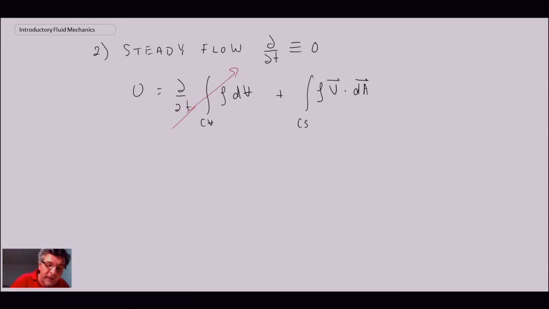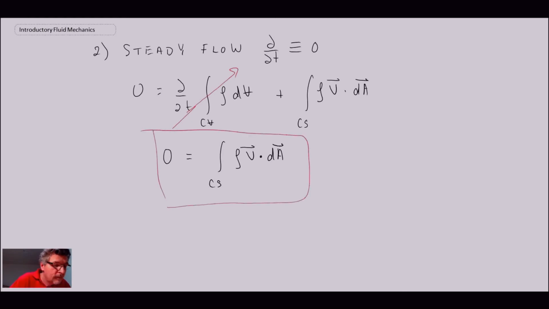What we're left with then is this expression here, and this applies for compressible or incompressible flows.